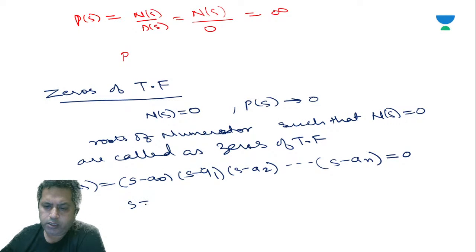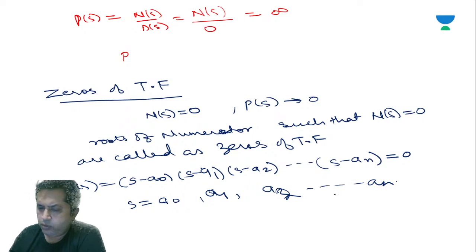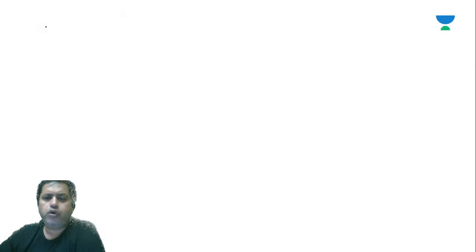So s is equal to a0, a1, a2, a3 and an. These are called zeros of the transfer function.